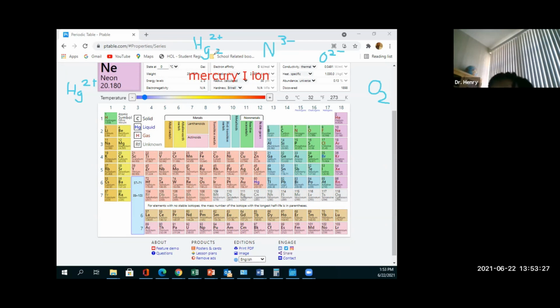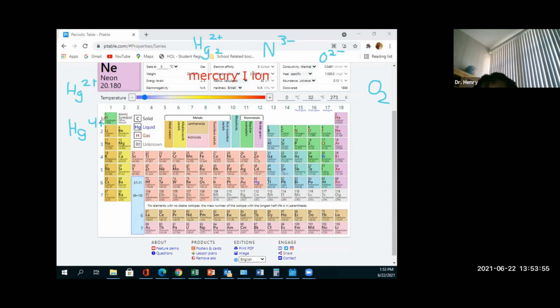It's mercury 1 because you have 2 of these guys, so that means that each one of them counts as a 1. You understand? So it has a 1+, where the mercury 2 has a 2+. We also have the mercury 4 ion. Mercury 4 is also not diatomic.